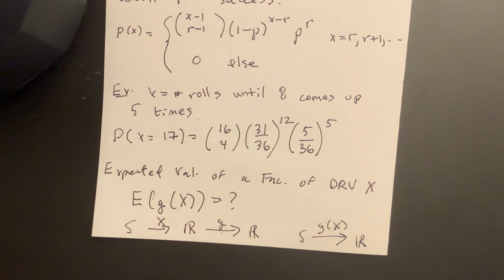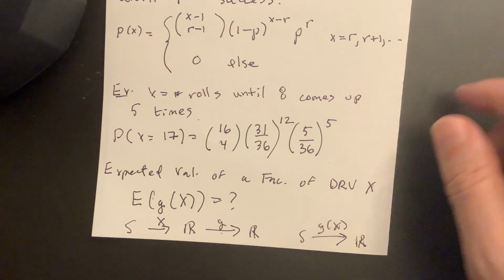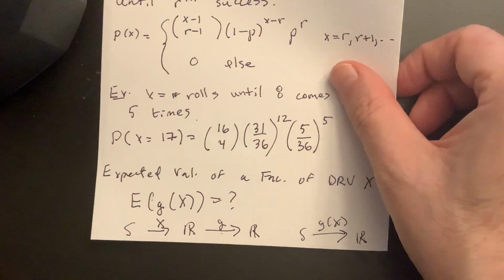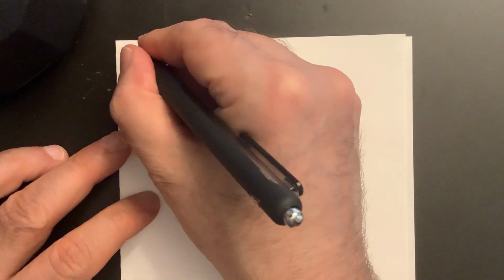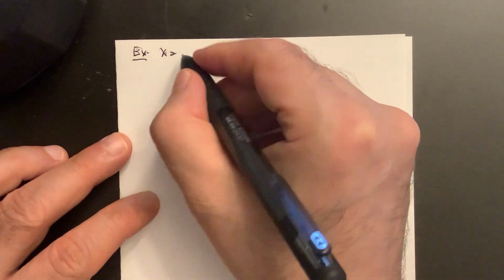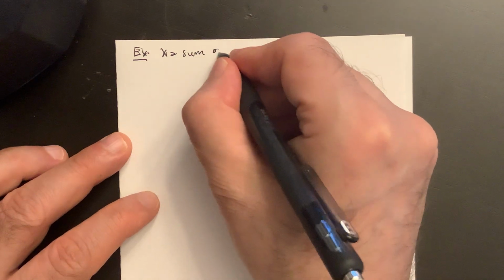Okay, so how do we compute this? So there's two ways to compute E of g of X. So let's do an example. Suppose X is equal to the sum of two dice.